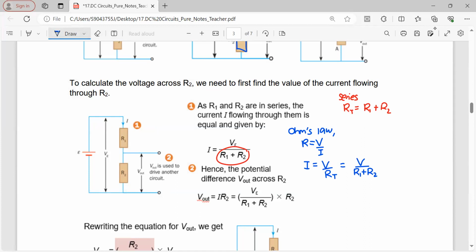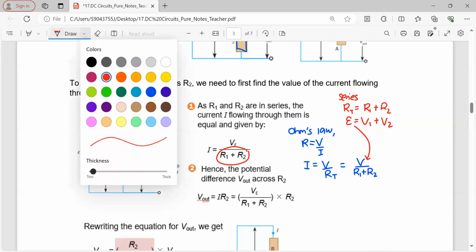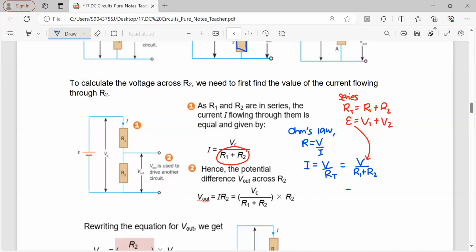And we also mentioned in a series circuit, the voltage is an addition of each other. So the total voltage or the EMF is V1 plus V2. So you can substitute that in here, and you get V1 plus V2 over R1 plus R2.